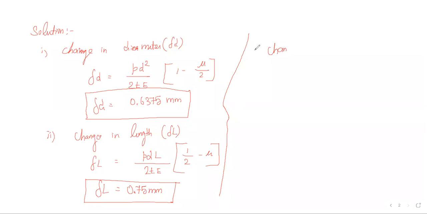So third one, change in volume del V. We all know that del V is equal to V into 2 times e1 plus e2. Instead of that we will move on to another formula.